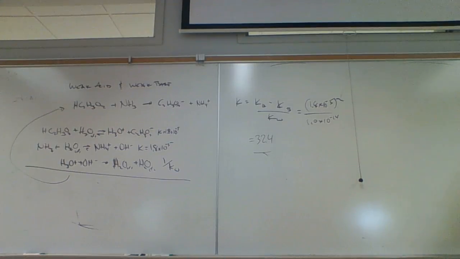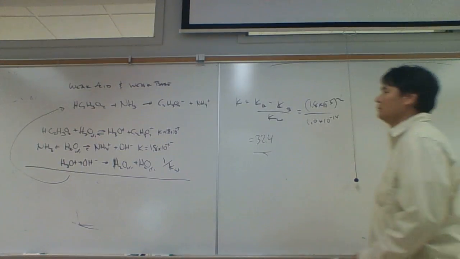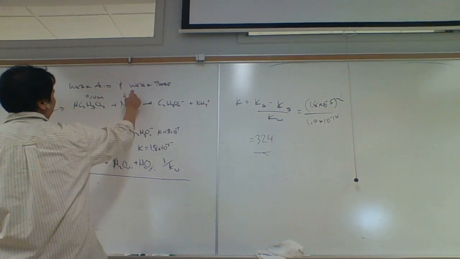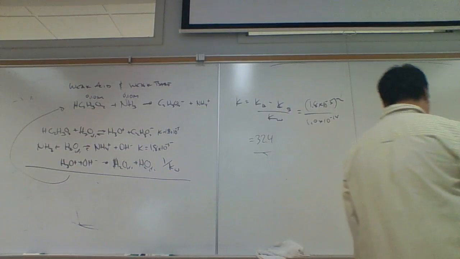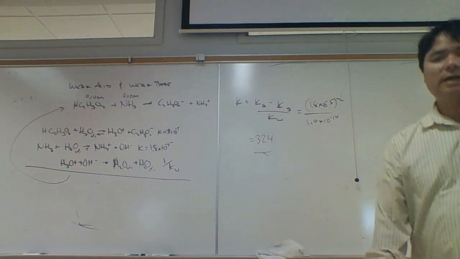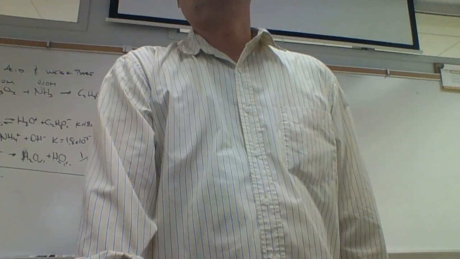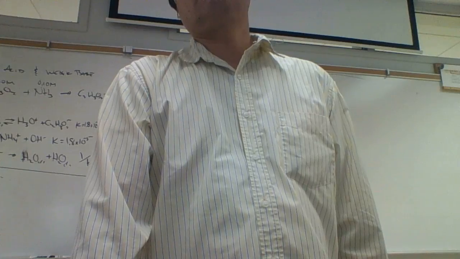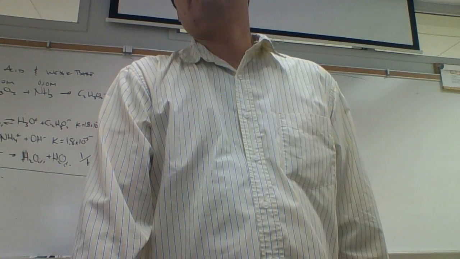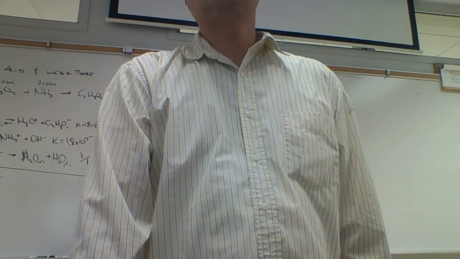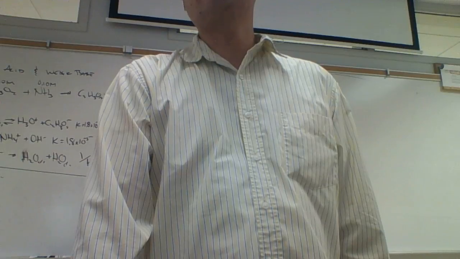And so what I'm going to do here is we're going to take 0.10 molar of acetic acid and 0.10 molar of ammonia. I use 0.10 molar. 0.10 molar is common. 0.10 molar is not that concentrated, right? We don't like to do high concentrations. You know why? We don't like to do high concentrations because at higher concentrations, the errors in our calculation are more significant.